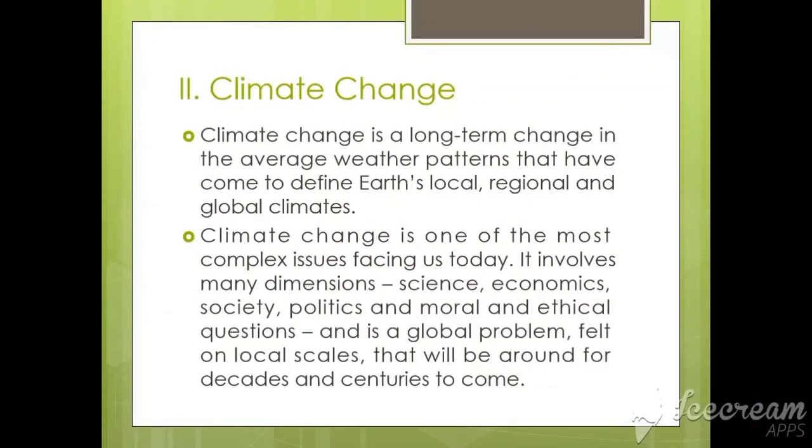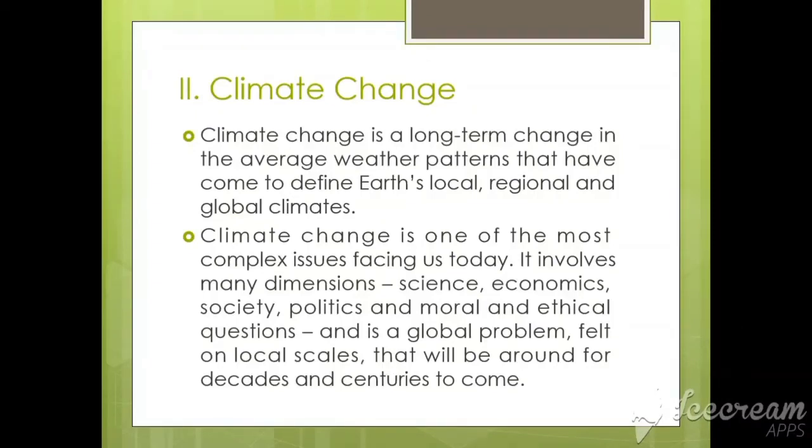Climate change. Climate change is a long-term change in the average weather patterns that have come to define Earth's local, regional, and global climates. So, the change of climate around the world. Climate change is one of the most complex issues facing us today. It includes many dimensions: science, economics, so marami naapektuhan.